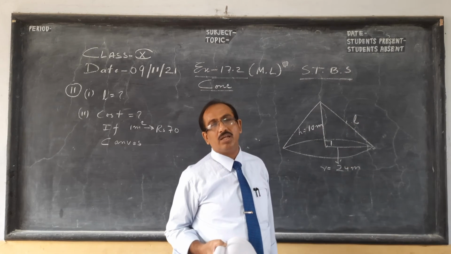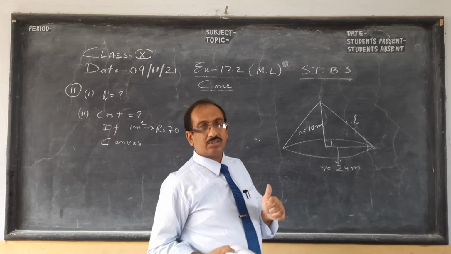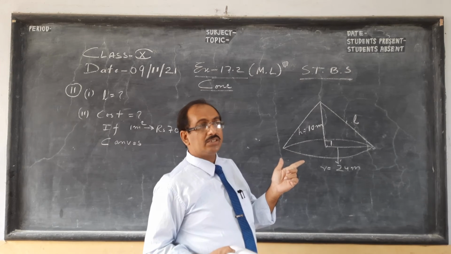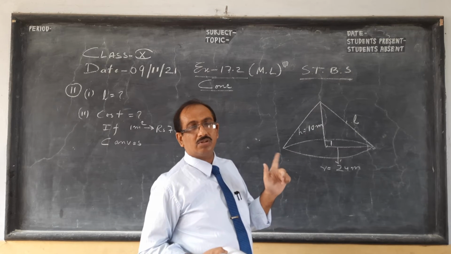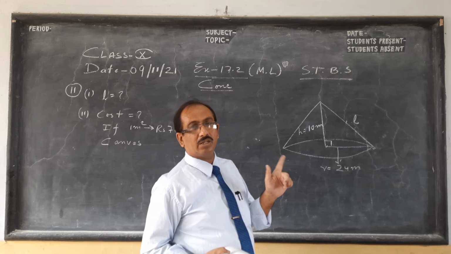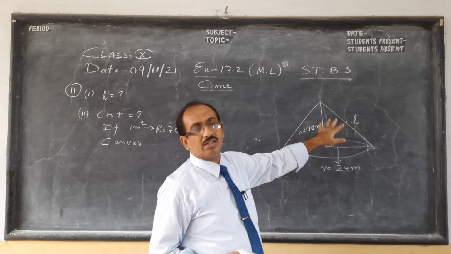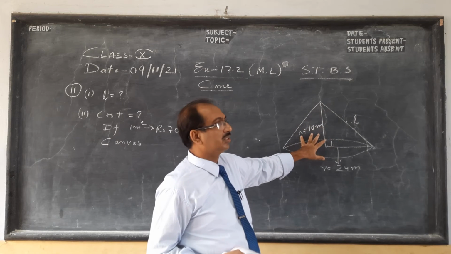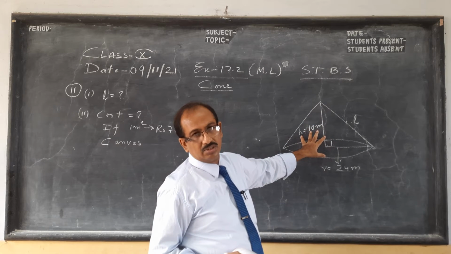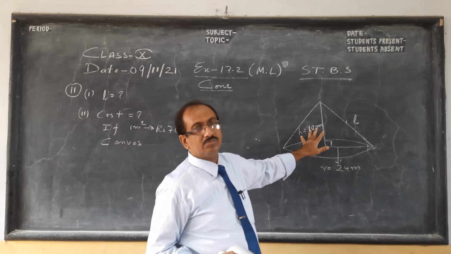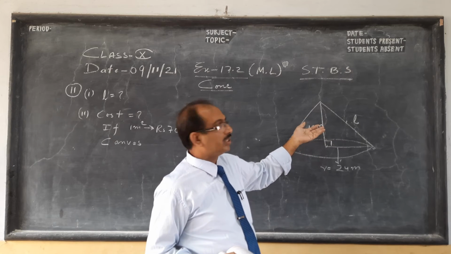You must see my video in class 10 also, the second video of Pythagoras theorem, where I have talked about Pythagorean triplets. It helps you, children, whenever a right angle triangle comes in trigonometry and mensuration. Actually Pythagoras theorem is from geometry, but it has a huge application.